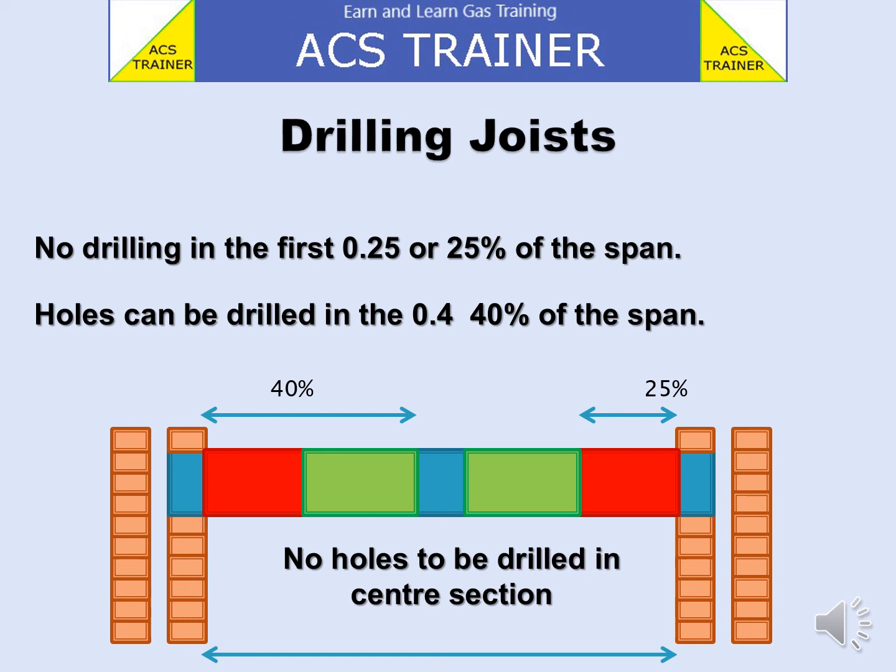You must not place holes in any other part of the joist. The holes must be drilled in the centre of the depth of the joist, and remember the size of hole is 0.25 or 25% of the depth of the joist, and holes must be a minimum of 3 diameters apart.